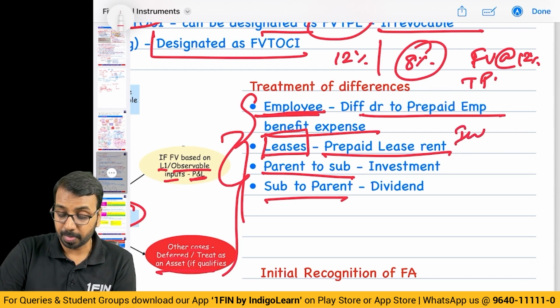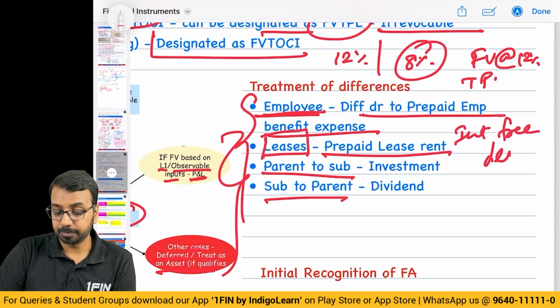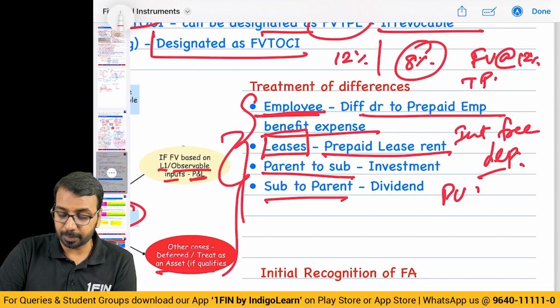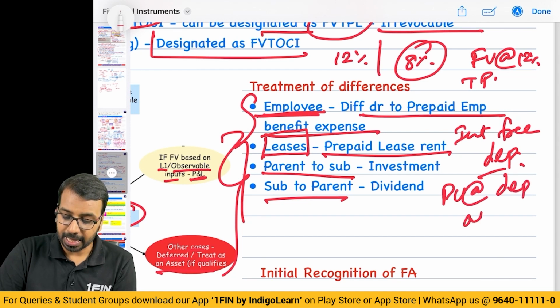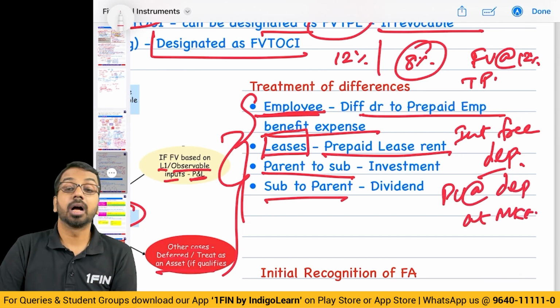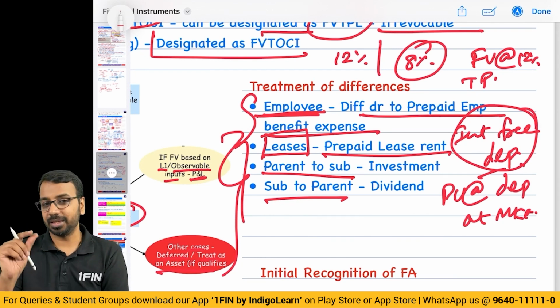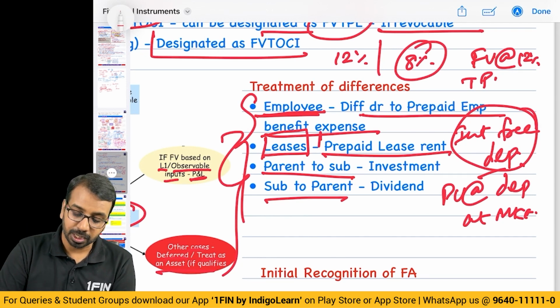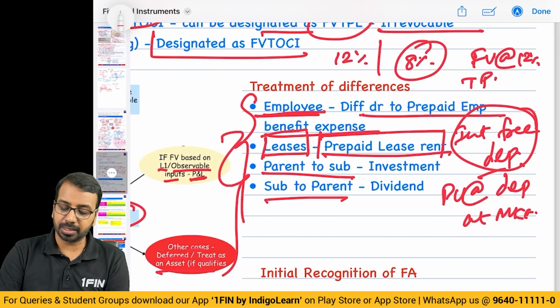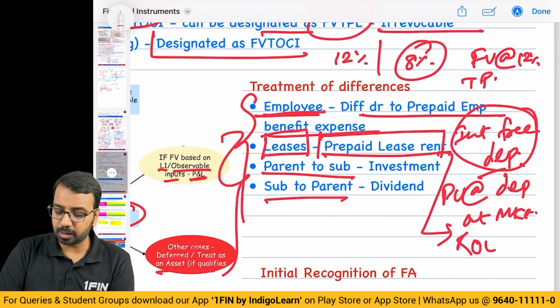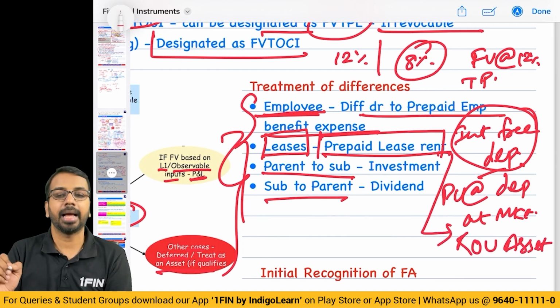Similarly, if you have leases, and you have given, let us say, an interest free deposit, you will calculate the present value of the deposit at market rate and compare it with the interest free deposit. Any difference will be considered as prepaid lease rent. Now you will consider it as a part of right of use asset. Okay.